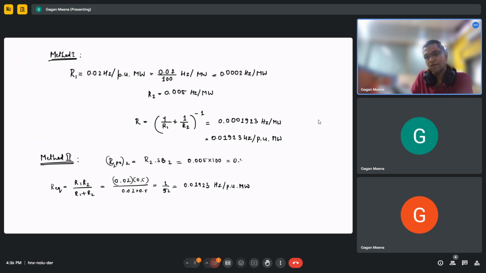This is 0.5 hertz per unit megawatt. And the first one is already given in hertz per unit megawatt. R1 is already given in per unit, and this is on the same initial base, and both the bases are the same. This is 0.02 hertz per unit megawatt. So both ways you can do this question.